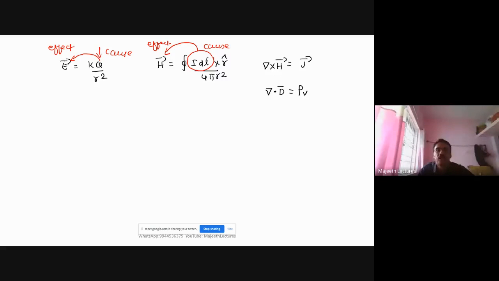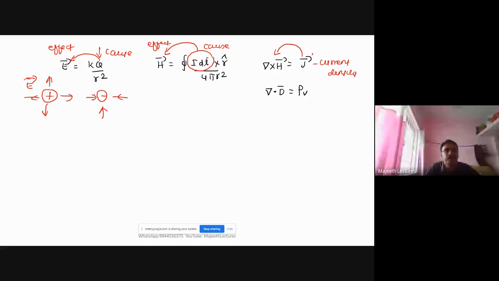You see, this is current density. J is current density. I will explain current density now. Current creates a rotating magnetic field. I told electric field will diverge. We remember electric field will spread or converge. This is E, negative charge.